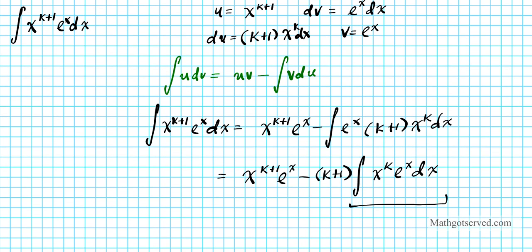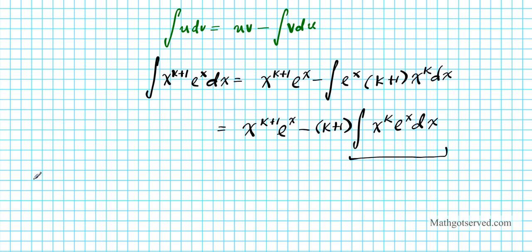So that's going to be a little bit long, so I'm going to have to stretch it to the left. This is going to become my integral, I write it real skinny over here. The integral of x to the k plus 1 e to the x dx is going to become x to the k plus 1 e to the x minus k plus 1.